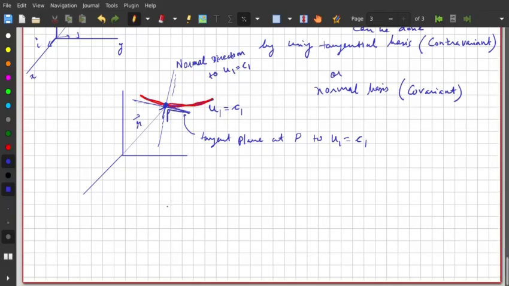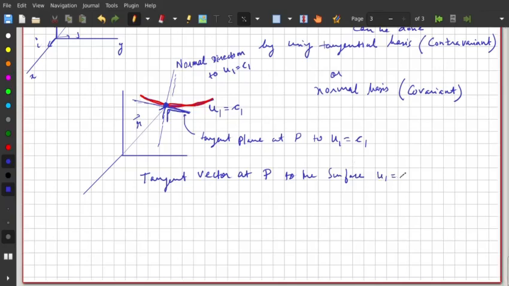So the tangent vector at P to the surface u1 equals c1 is given by partial r partial u1.